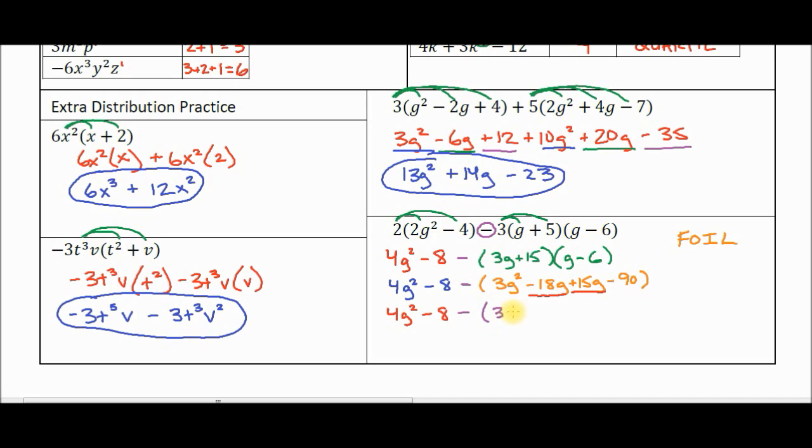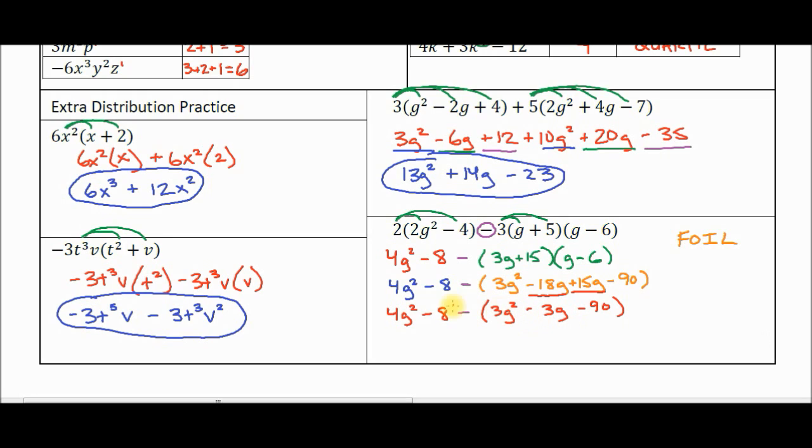Let's write that back in red. We've got 3g squared. Negative 18 plus 15 is negative 3g minus 90. All right. So far, so good. Now we're done with our parentheses. We can't combine any other terms inside the parentheses because they all have a different variable with a different exponent.